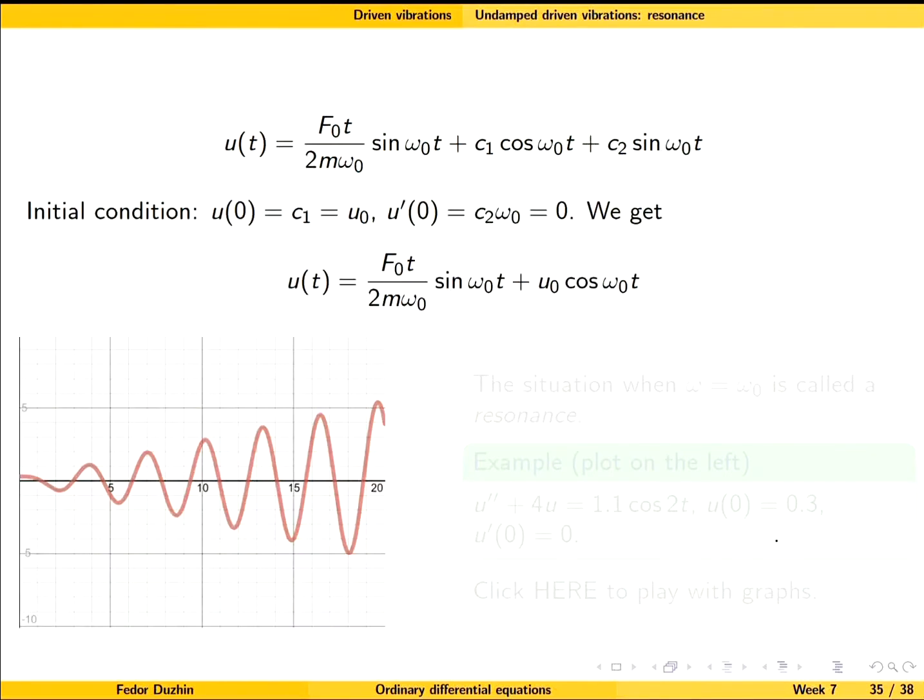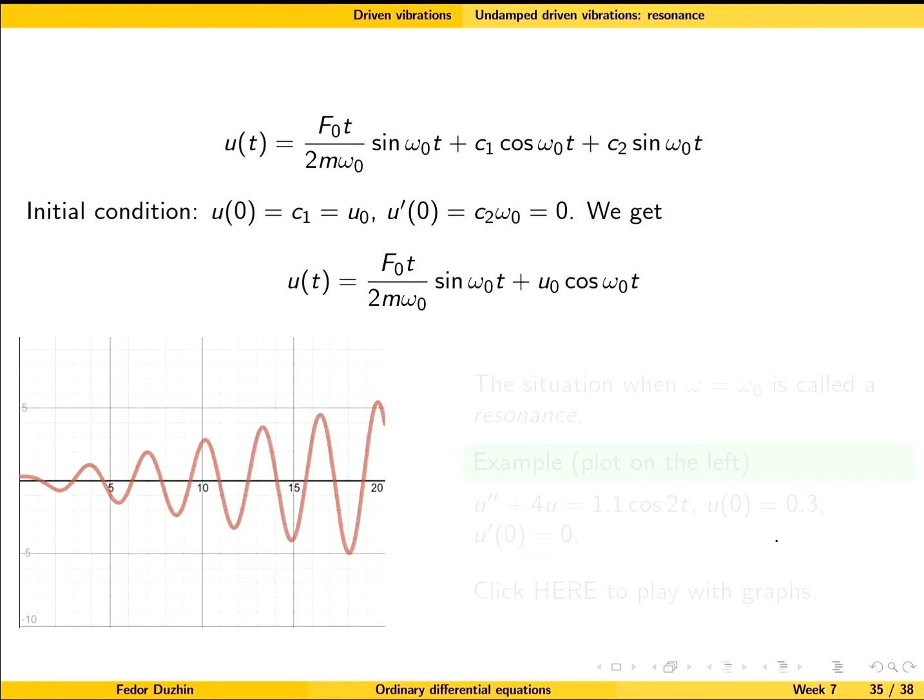For example, with the initial condition where one of them is displaced and the other one is just 0. Actually, even the displacement does not need to be present here, so you can do it without the initial displacement. It's still going to cause these increasing oscillations.